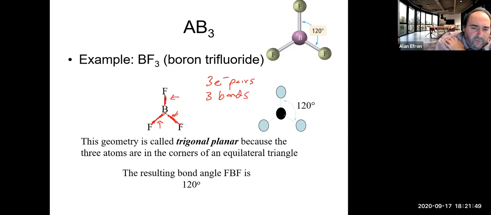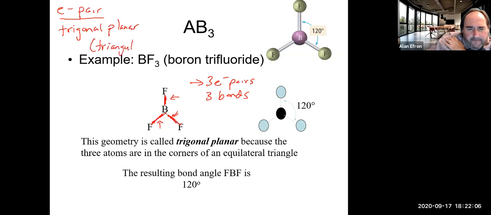So something with 3 electron pairs, the electron pair geometry name is trigonal planar. Sometimes people call this triangular. The molecular geometry name is also going to be trigonal planar here.